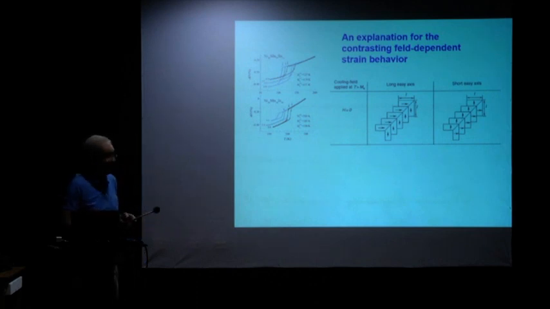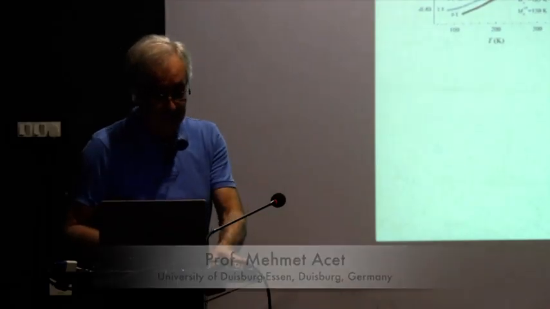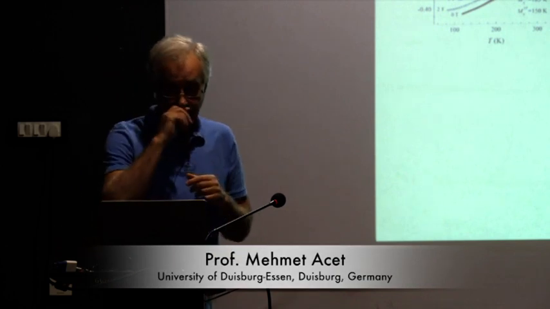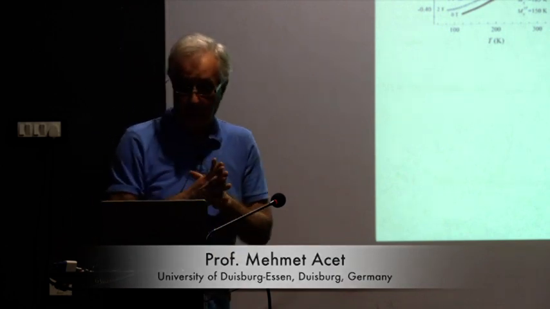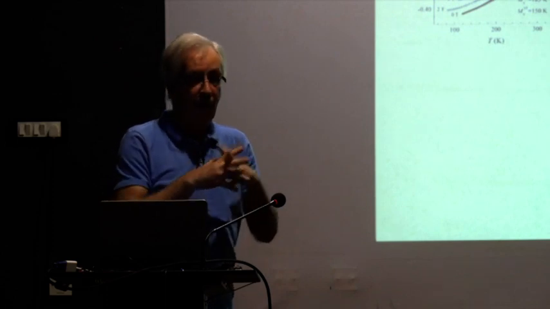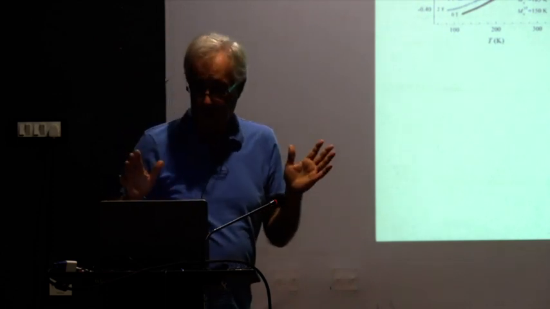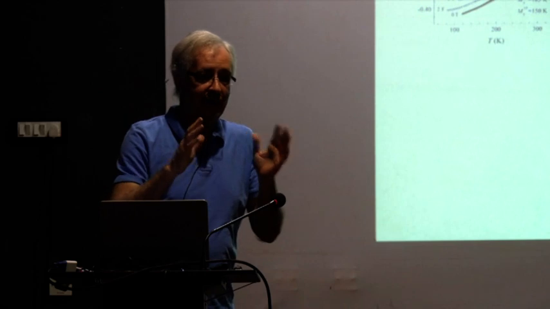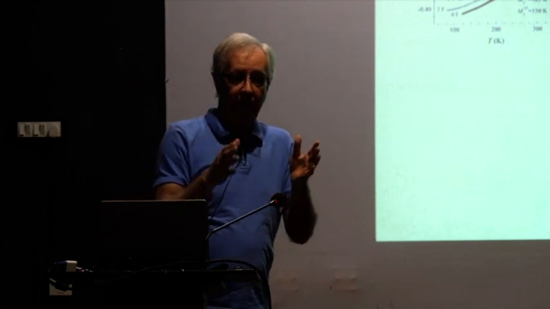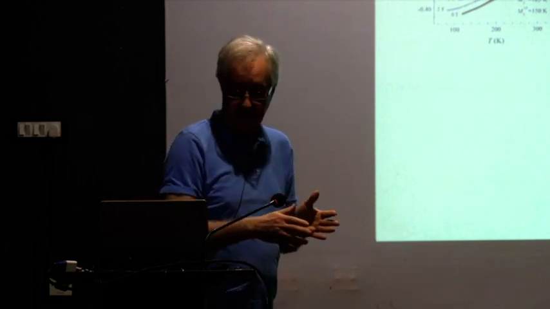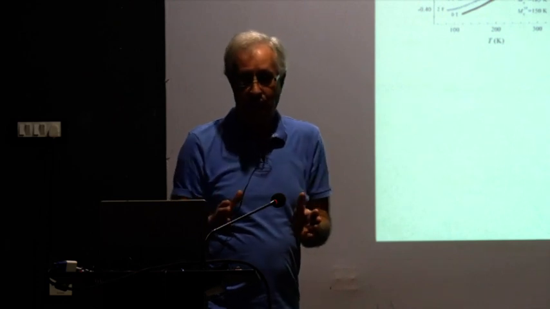And when we do that, we get data that looks like this. What I want to say over here is that when we measure the strain, what we get indirectly is some kind of information on a magnetic property.